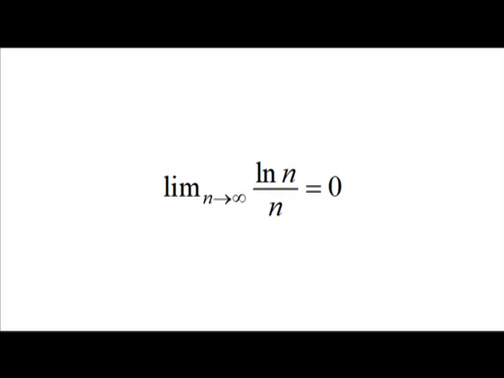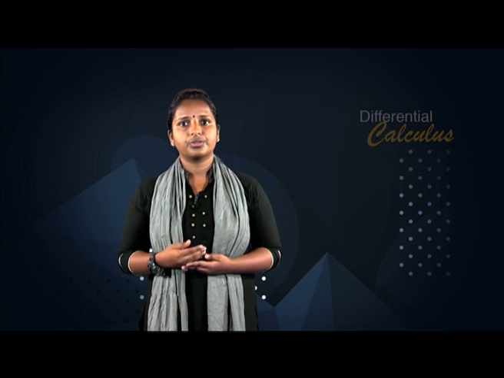As an illustration of this fact, we show that the limit of natural log n upon n as n approaches infinity is 0. The function natural log x upon x is defined for all x greater than or equal to 1 and agrees with the given sequence natural log n upon n at positive integers. Therefore, by the theorem, the limit of natural log n upon n as n approaches infinity will be equal to the limit of natural log x upon x as x approaches infinity, if the latter exists.